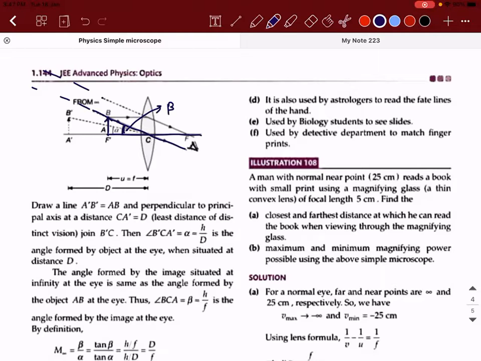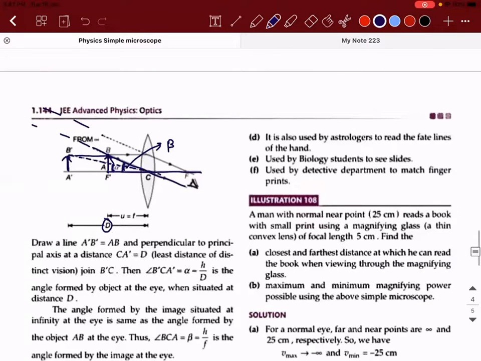Now for the angle subtended by the object, from the object, project it to the least distance of distinct vision, because initially, before placing the convex lens, where are you seeing the object at? You're seeing it at the least distance of distinct vision, right? Then the angle subtended by the object at the eye is going to be alpha.